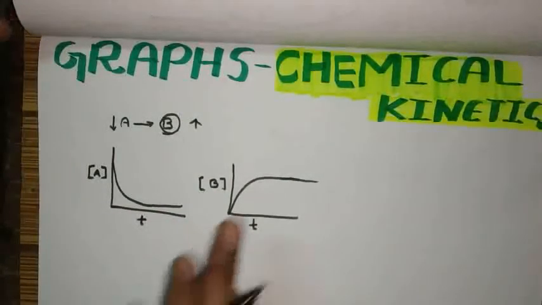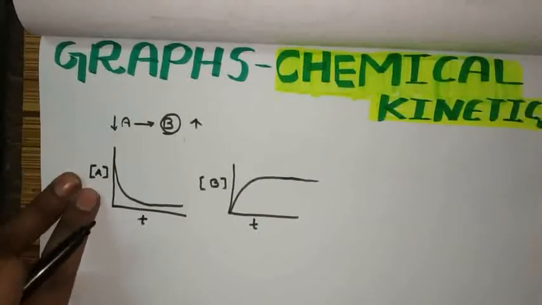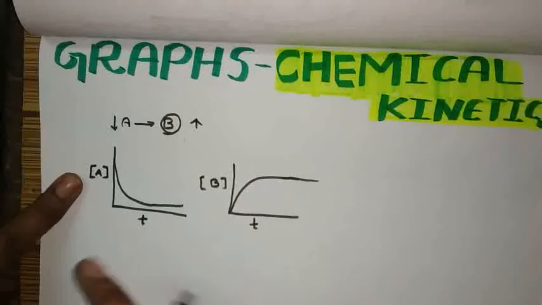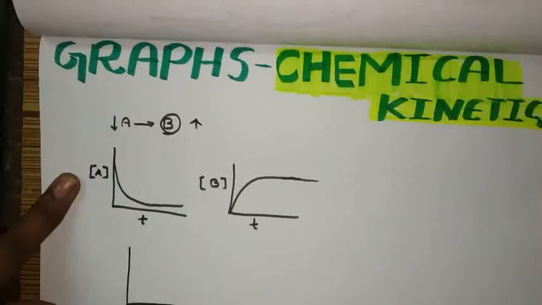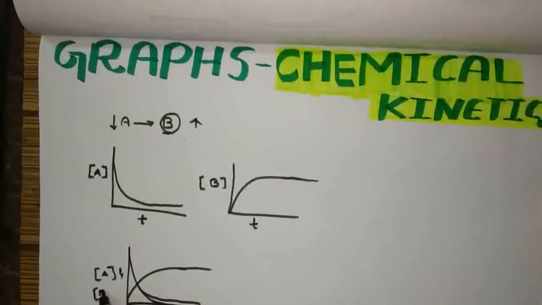It is in equilibrium with the reactant, and reactant is in equilibrium with the product. It will not become equal to 0 like this, with respect to time, A and B.